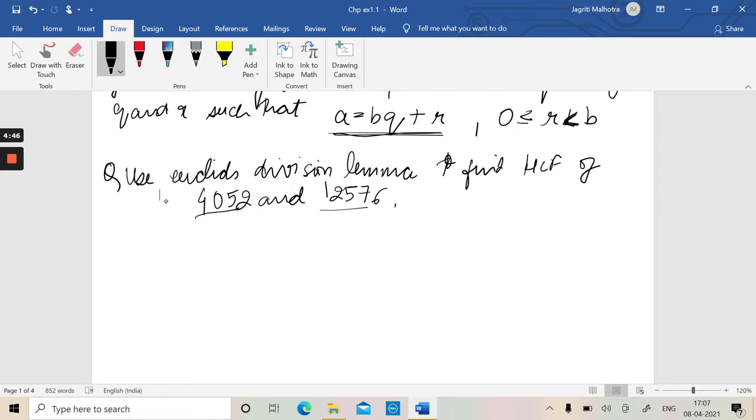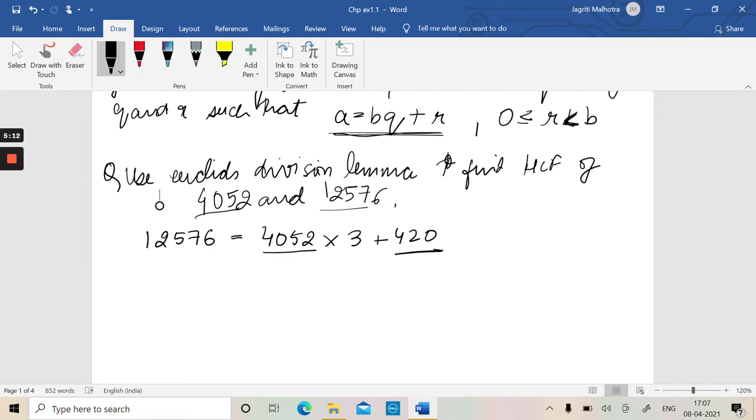So we wrote 12576 here, and let us take b as 4052. So 12576 equals 4052 into 3 plus 420. We notice that this remainder r lies between 0 and this number, right?